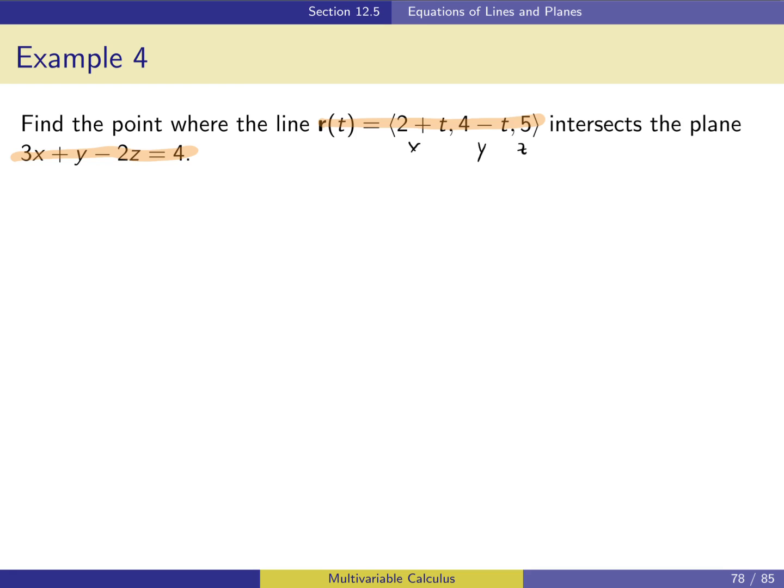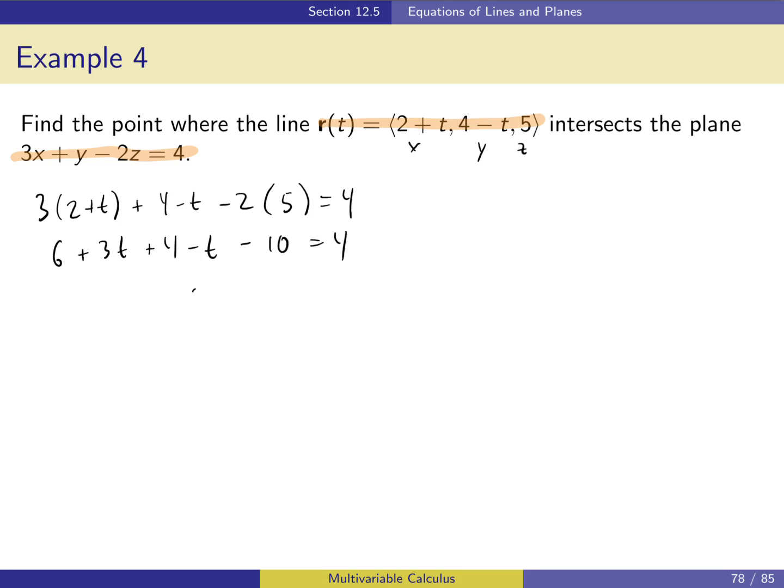So let's go ahead and try this. We would write 3 times (2 plus t) plus 1 times (4 minus t) minus 2 times 5 equals 4. And now we can solve for t. 6 plus 3t plus 4 minus t minus 10 equals 4.